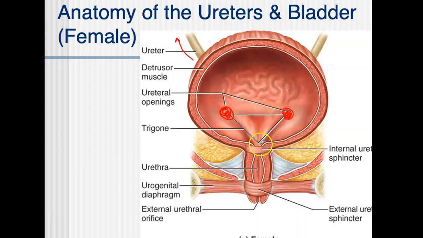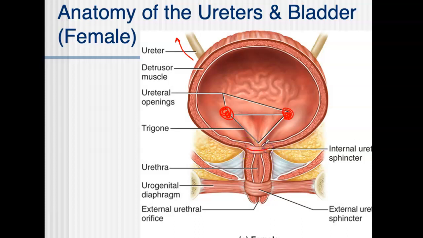This sort of triangle that was drawn in is just to show the cone shape that exists in this funnel-like area, which is funneling urine into the urethra. So if you can imagine it three-dimensionally, it's a cone or a funnel, and it's bringing that urine down into the urethra. Okay, two important structures here are sphincters.